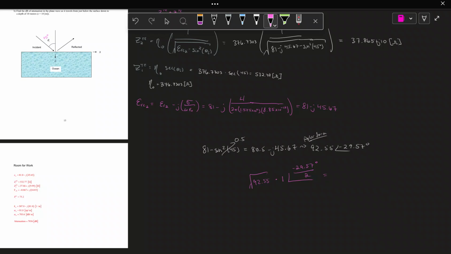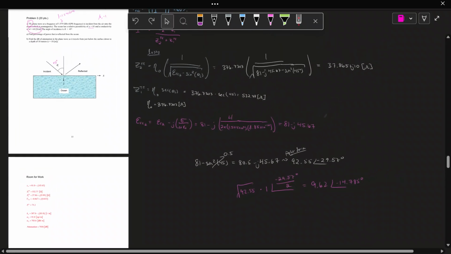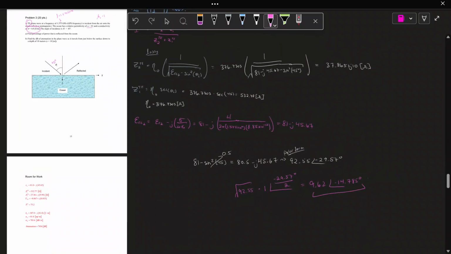From here, you should get 9.62 angle negative 14.785 degrees. This is, of course, the square root of epsilon RC2. Now what you do is you plug this value back in here, not the square root, but in the denominator, and then you go along your merry way.